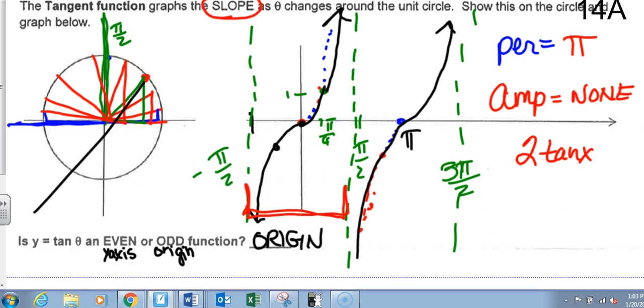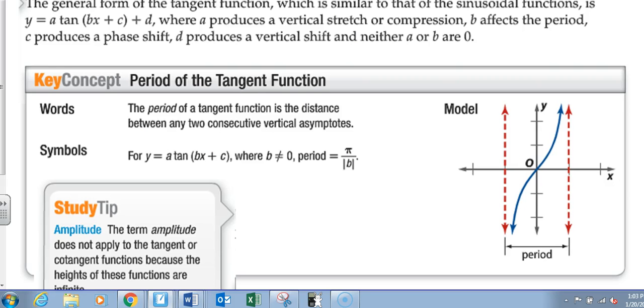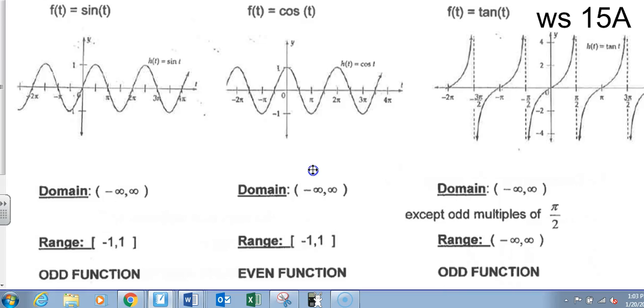The next thing I want you to do is we're going to talk a little bit more about where these lines are. There is no such thing as amplitude, and the period is just pi. Can you look at worksheet 15A real quick?